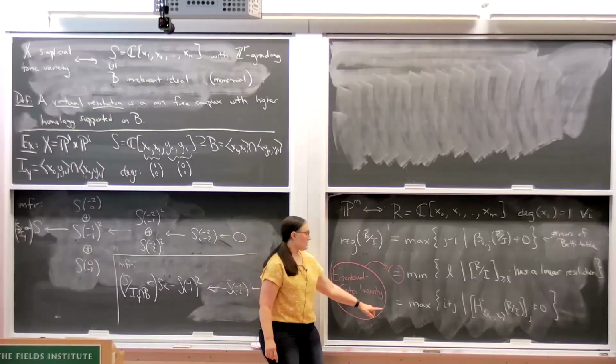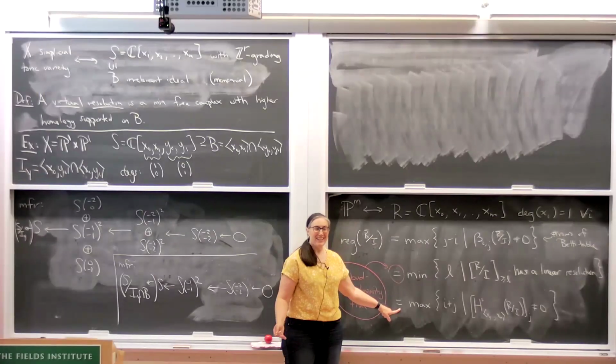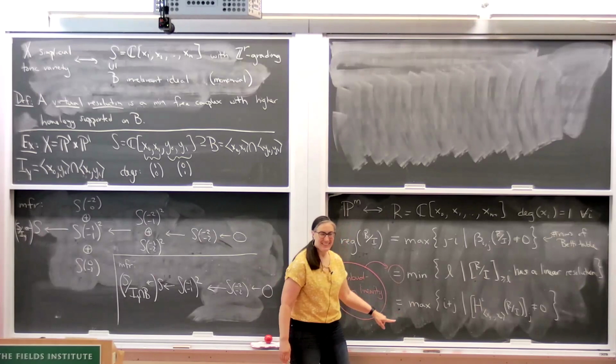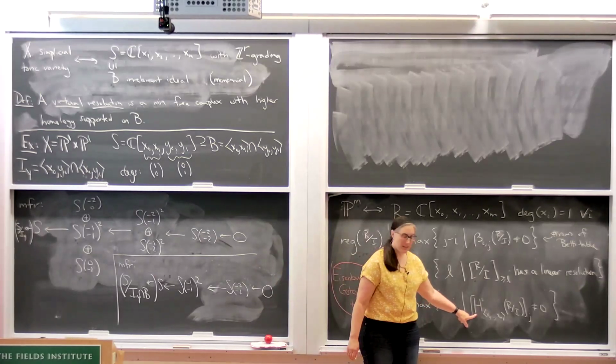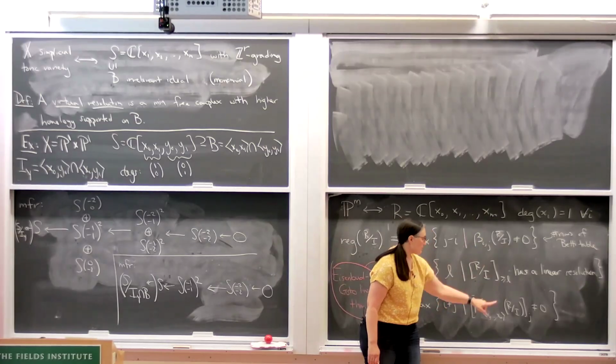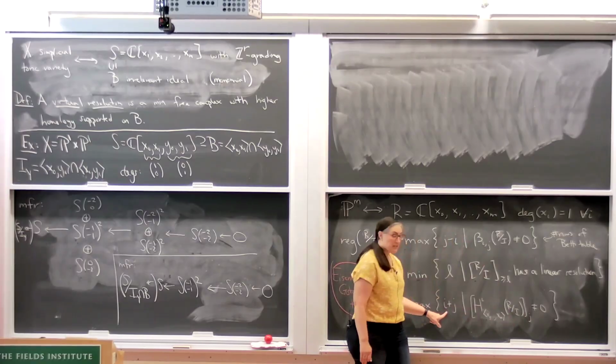And the last one is worse to some. I think it's beautiful, but if you don't know local cohomology, that's okay. Take this on as an incentive to say, oh, maybe I should go learn that when I get home. It's going to come up more. So here we're looking at these local cohomology modules supported at the graded maximal ideal, and looking at non-zero degrees there.